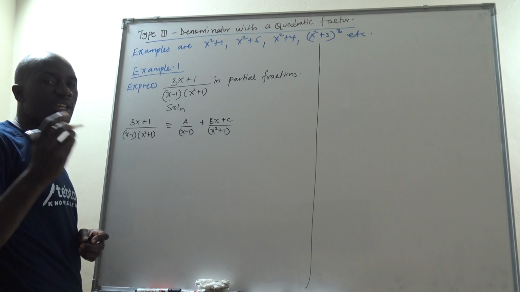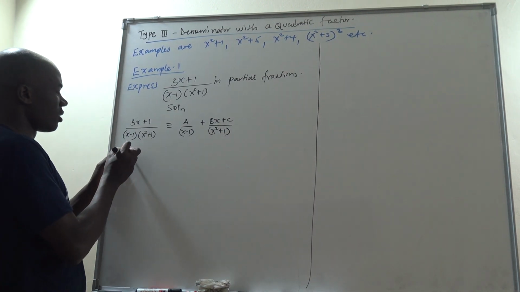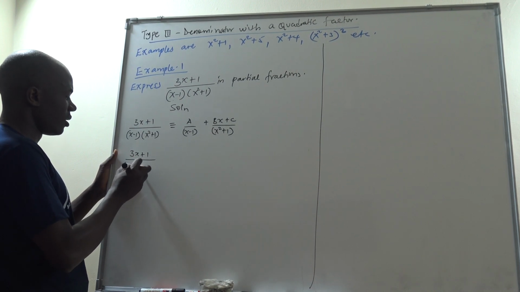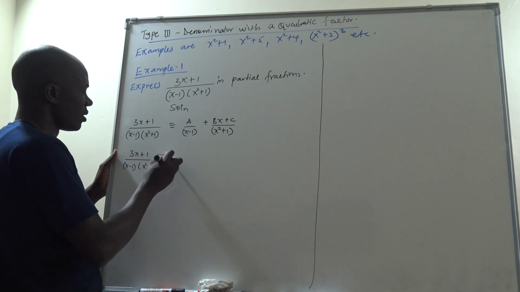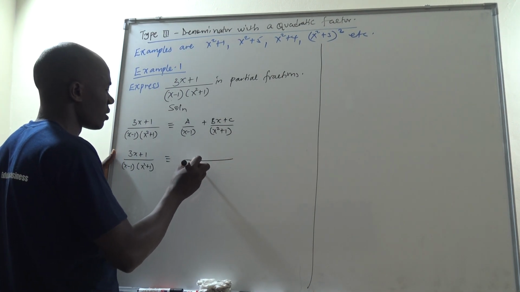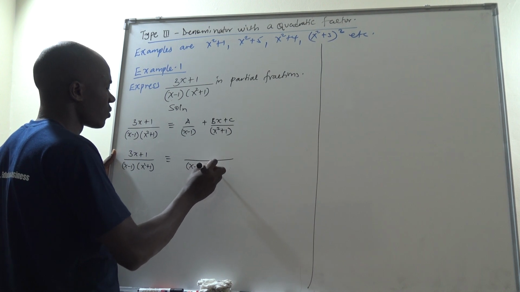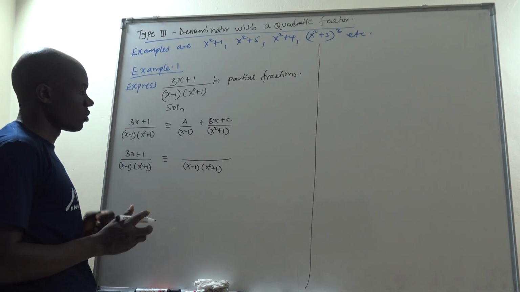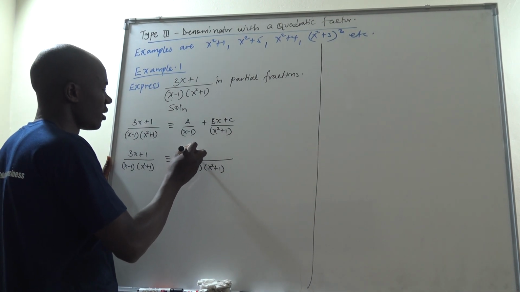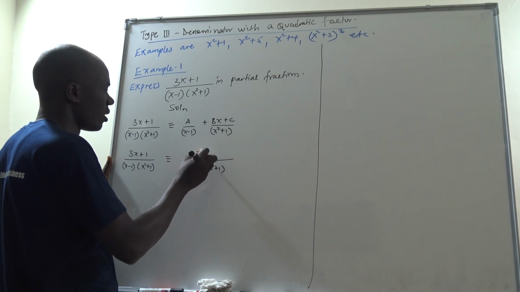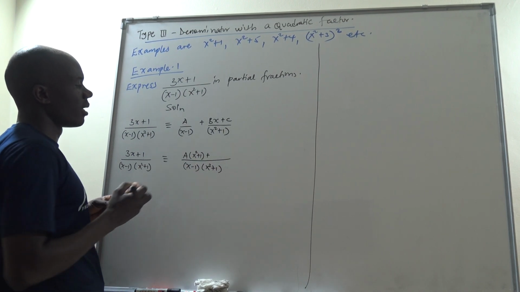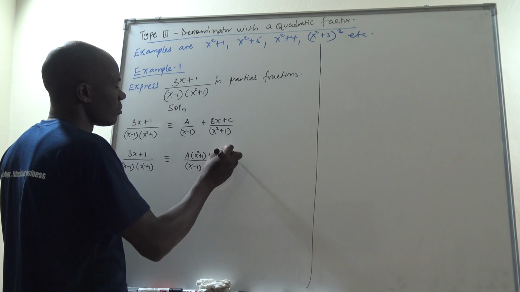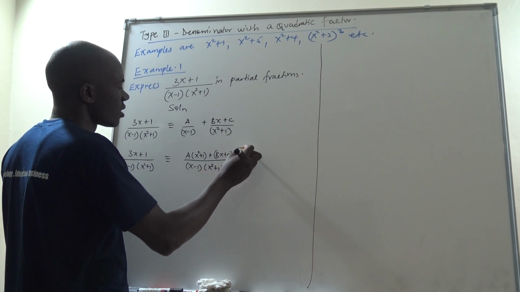So we go ahead and find the LCM as usual. The LCM is x minus 1 into x squared plus 1. The whole of this divided by this, I remain with x squared plus 1 times a, so we have a into x squared plus 1, then plus the whole of that divided by that, we get x minus 1 times that, so bx plus c into x minus 1.